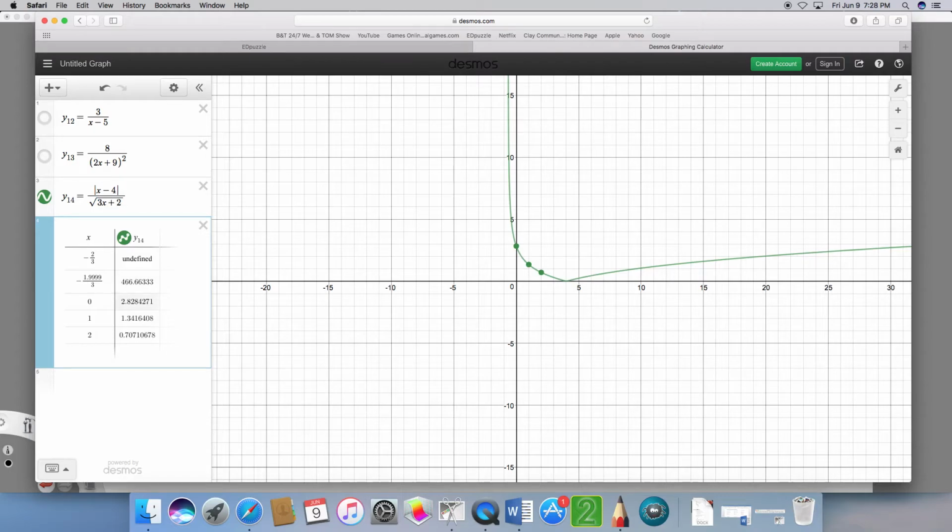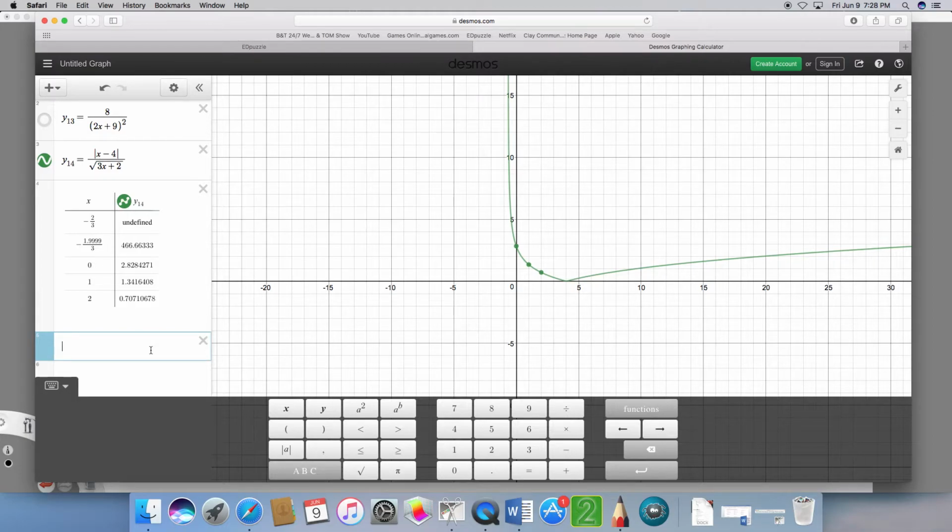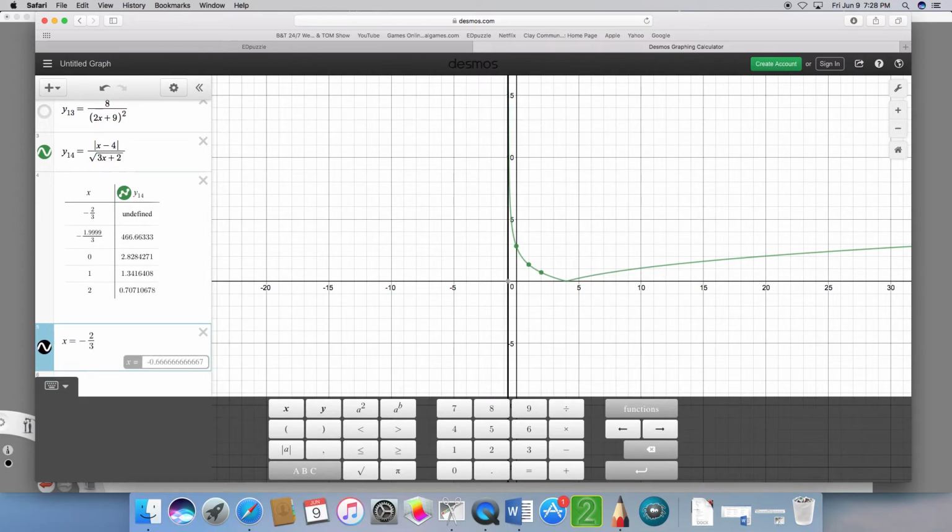Where am I at? Here. X equals negative 2/3. See that black line that's going straight up and down? Well, as you get closer and closer and closer, our graph is never going to touch that black line.